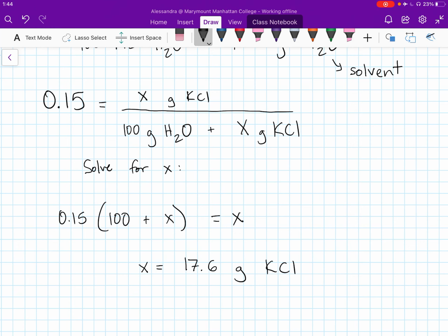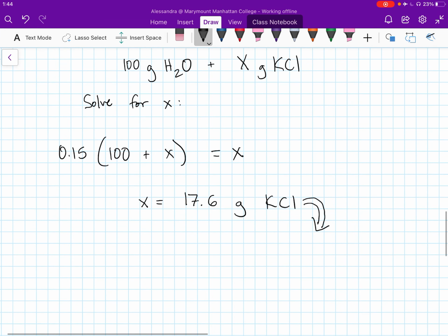So the question asks, how would you prepare this 15% KCl solution? You would weigh out that mass, 17.6 grams of KCl, and you would add it to 100 milliliters of water.